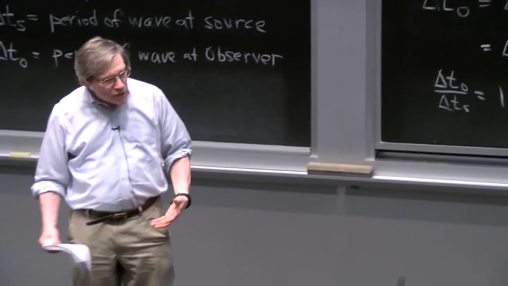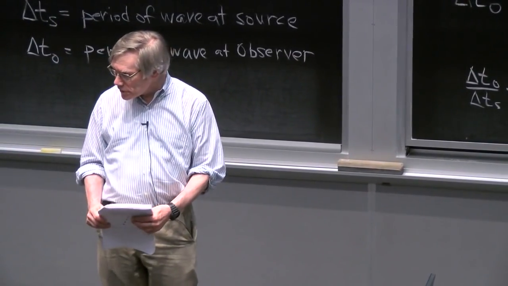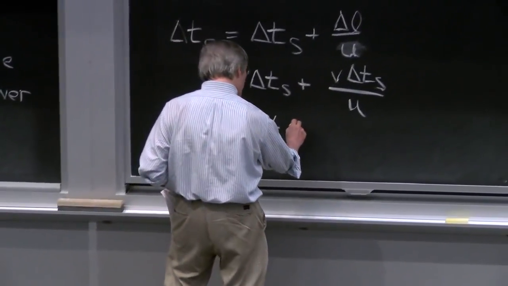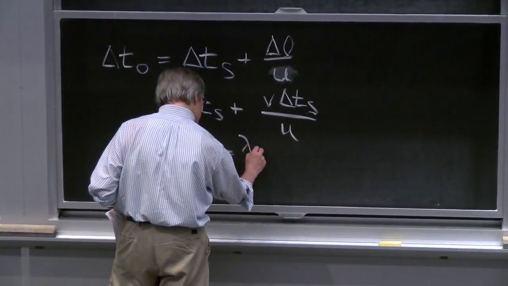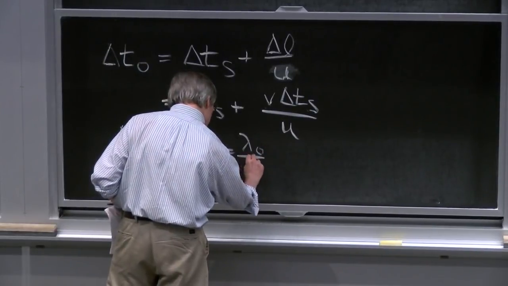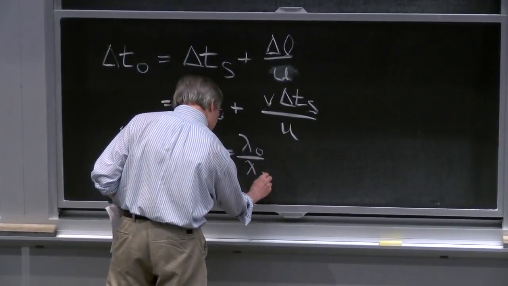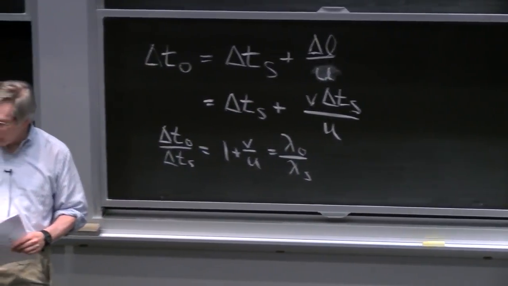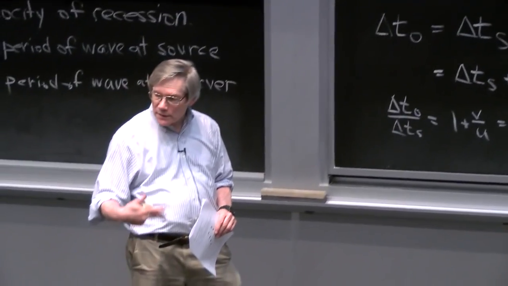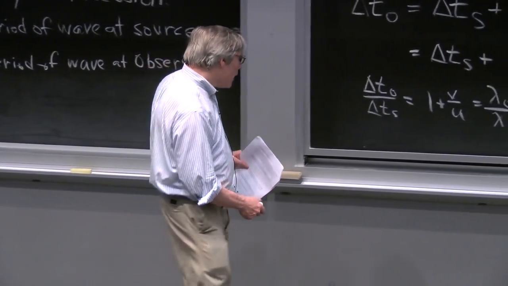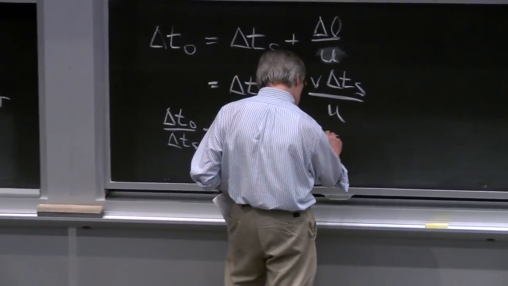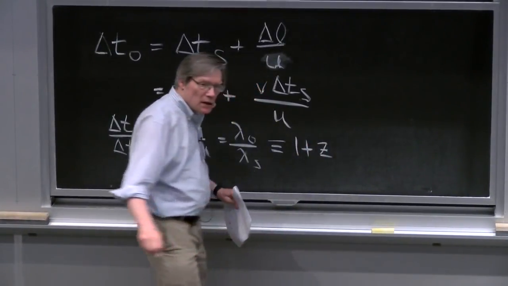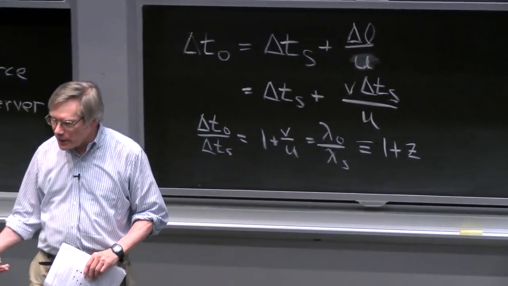Now there's a standard definition that's used to describe redshifts, which is that this ratio, which is also the ratio of wavelengths, which is how I usually think of it, the wavelength at the observer divided by the wavelength at the source, the wavelength being just proportional to the delta t. The wavelength is just the wave speed times delta t. This is defined to be 1 plus z, where z is what is called the redshift.